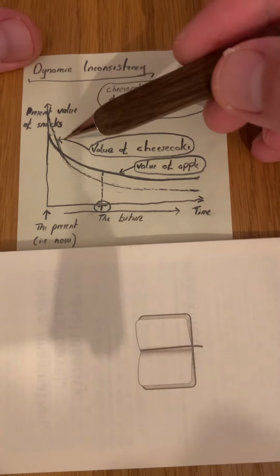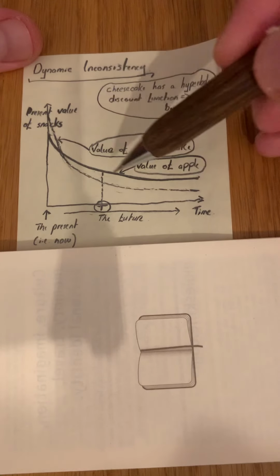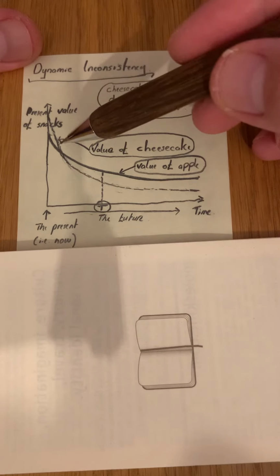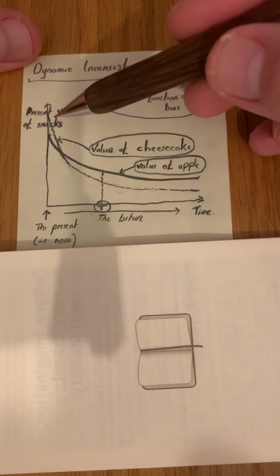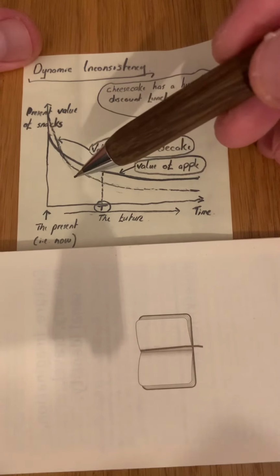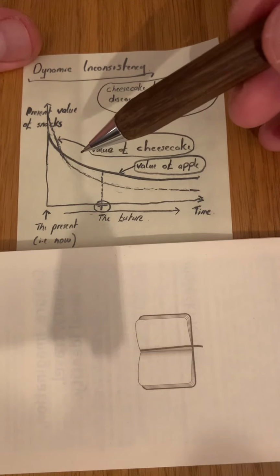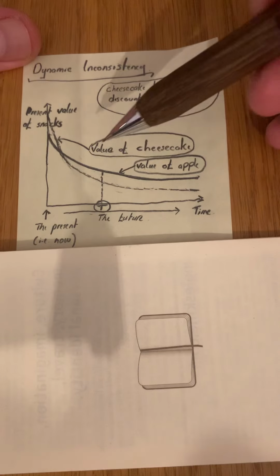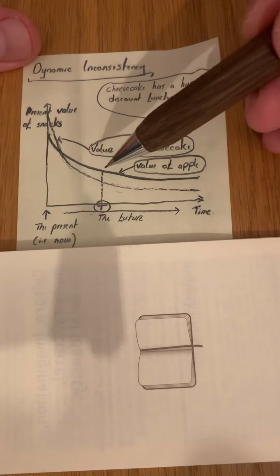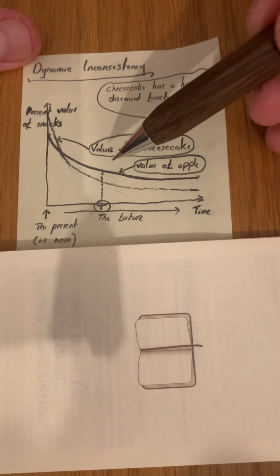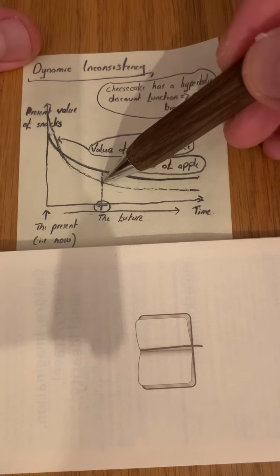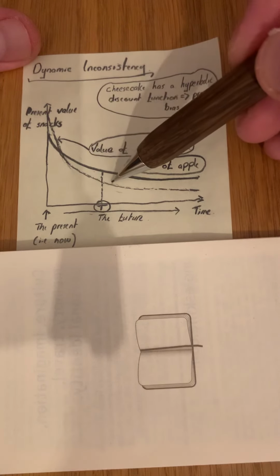However, because of these differential rates of discounting for the two goods, with cheesecake particularly associated with present bias, or as we talked about in the previous post-it note, hyperbolic discounting, it might be that when they imagine the future, one week from now, they would expect to place a higher value upon the apple at time t than upon the cheesecake at time t.